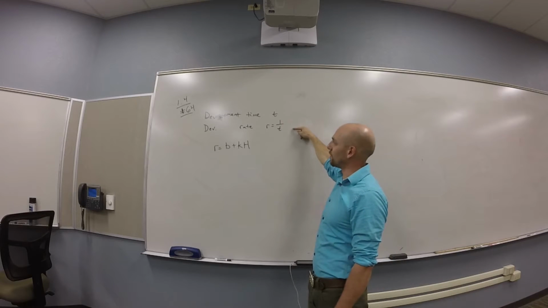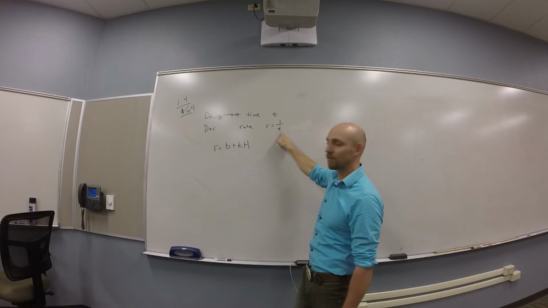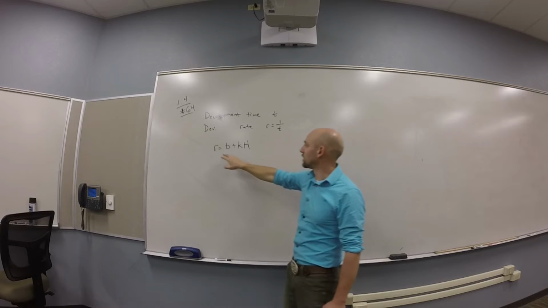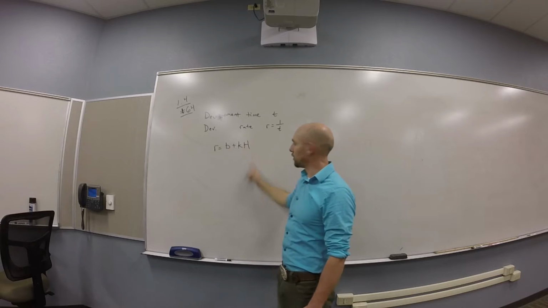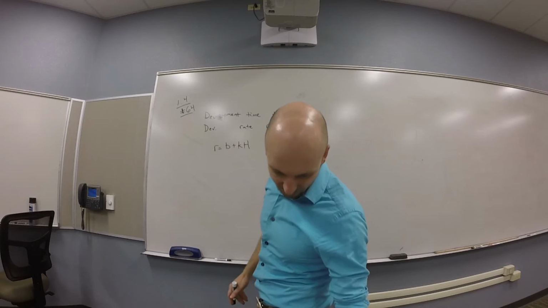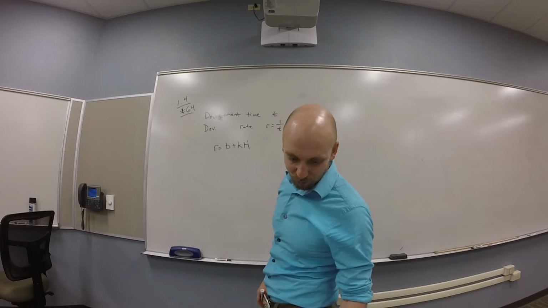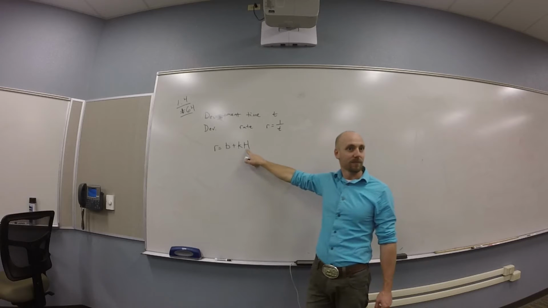Then there's some kind of development rate, r, which they're telling me is 1 over t. And then there's some kind of formula: r is b plus kh. They don't really tell me what b or k stand for, but they tell me that h is some kind of temperature thing.